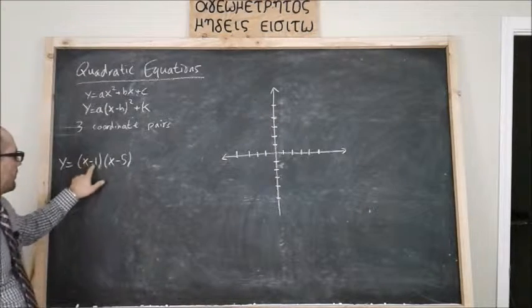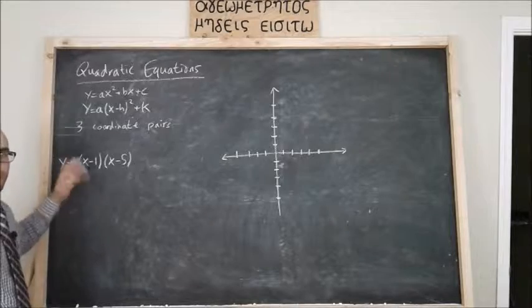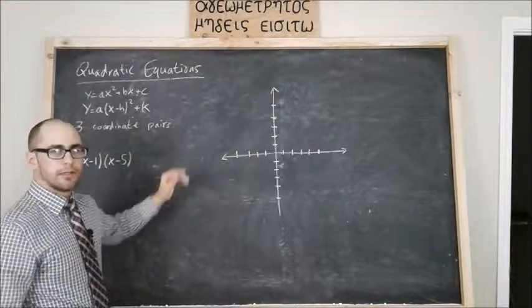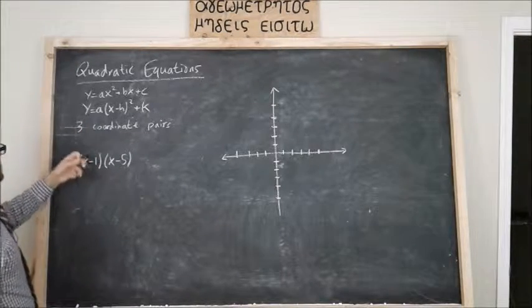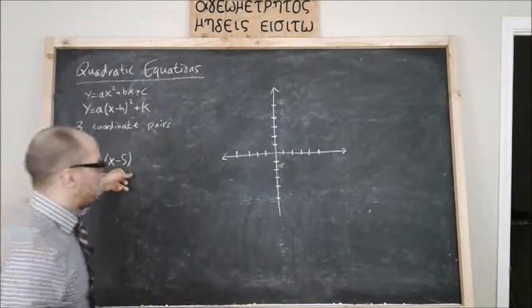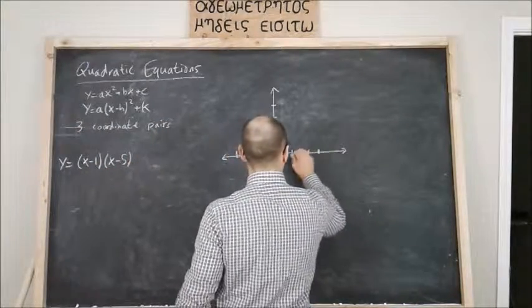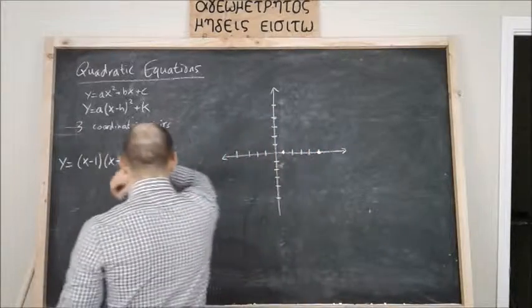All right, so remember the roots, the zeros, the x-intercepts, okay, there's a lot of different things we can call it, correspond to these factors. So a 1 and a 5, I can put a dot here, 1, 2, 3, 4, and a dot there.